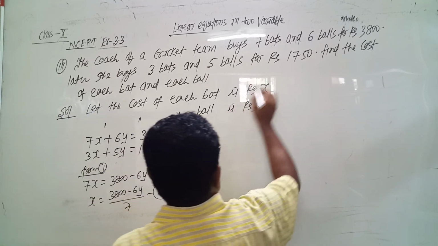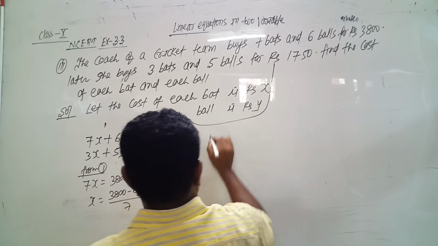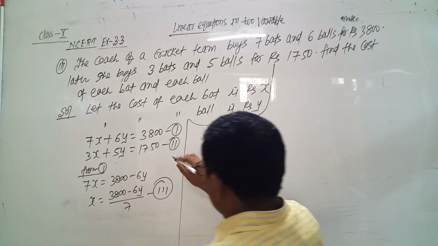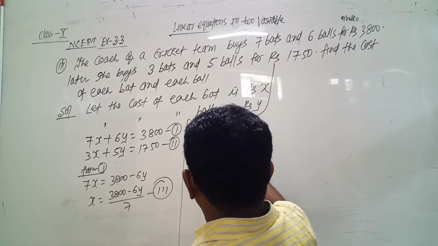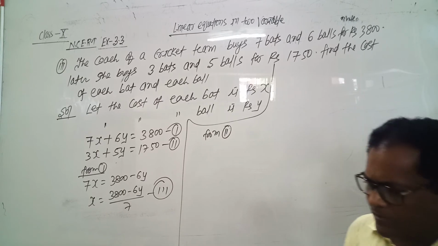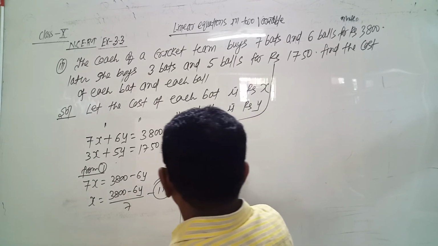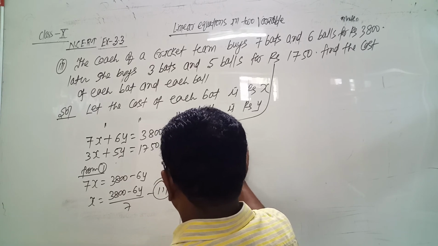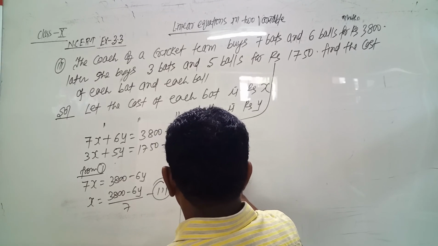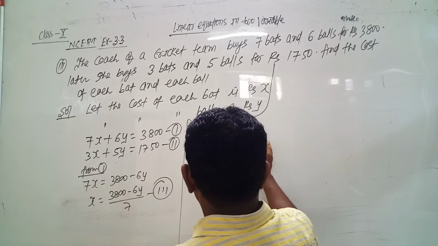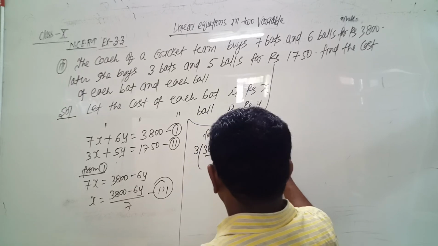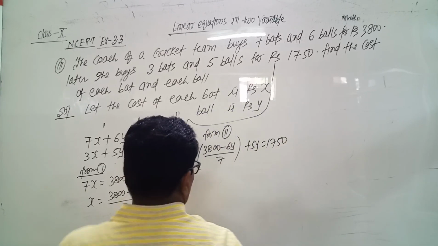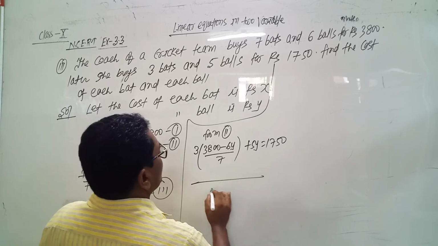Now from second, put the value of x in equation number second. So 3 times 3800 minus 6y upon 7, plus 5y equals 1750. Now take LCM.